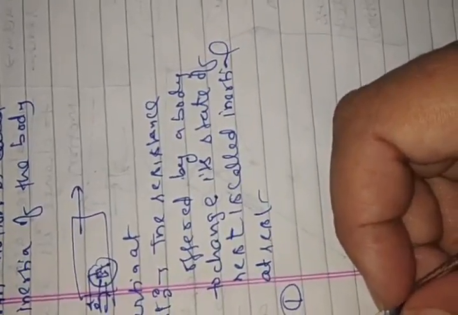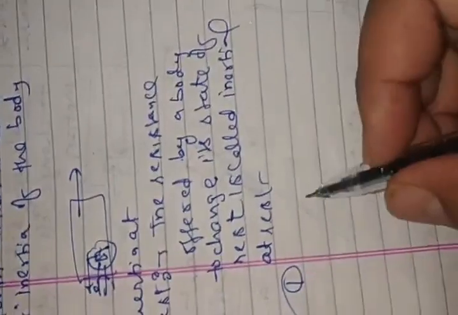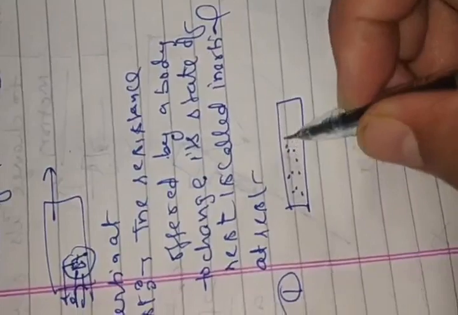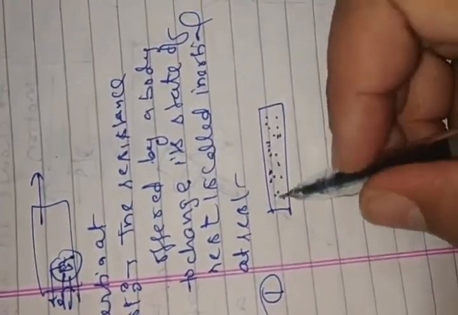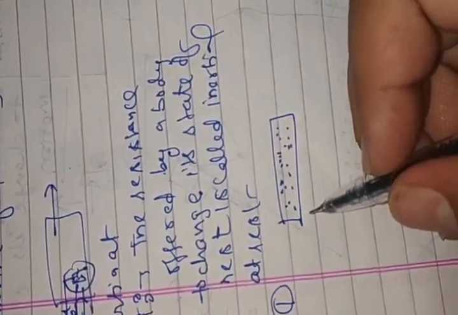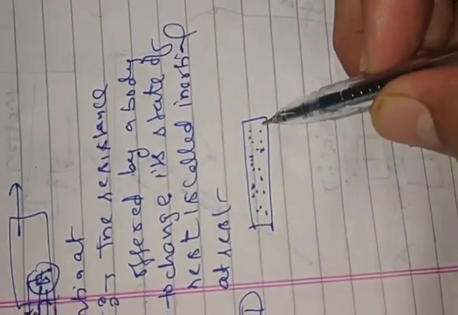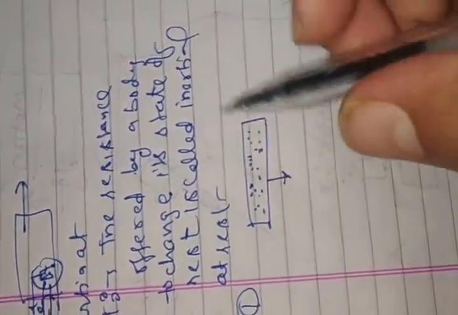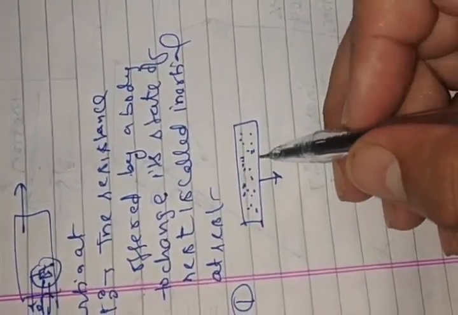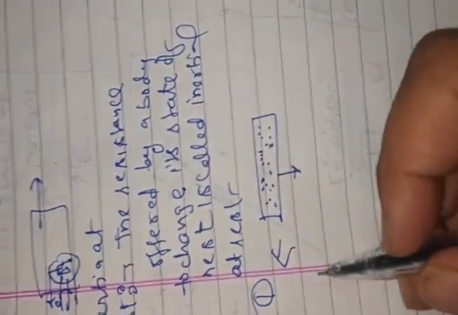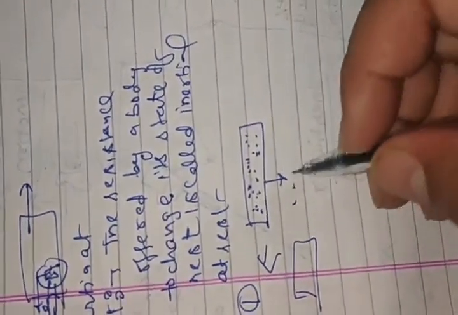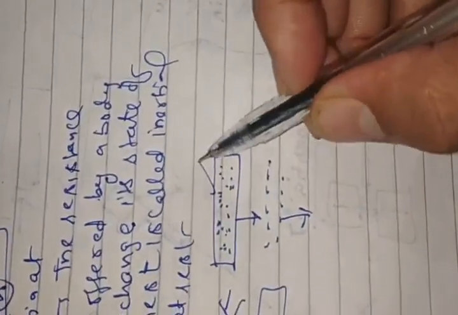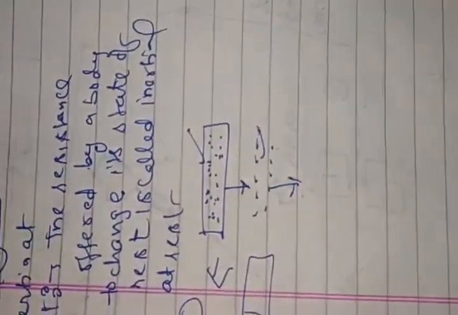Number one, I'm explaining here: removing dust from a carpet. What will happen? Many dust particles can be present on this carpet. When you apply a jerk on it, this cloth will move away, and the dust particles will move downside. After pulling this carpet in this direction, the carpet moves, but the dust particles remain at the same position and fall downside. These dust particles are at rest, so they remain at rest only.